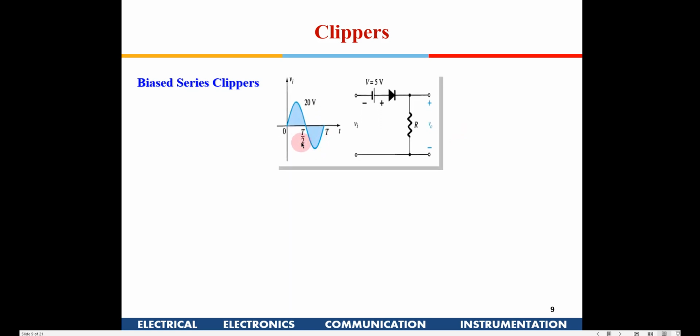Now we can also have something known as biased series clippers, where you have some additional bias available here. Now if you see here, 5 volt is available out here. So when I am giving a 0 volt, when the signal is at 0 volt, still this diode is conducting, because already plus 5 volt, it is forward biased by plus 5.